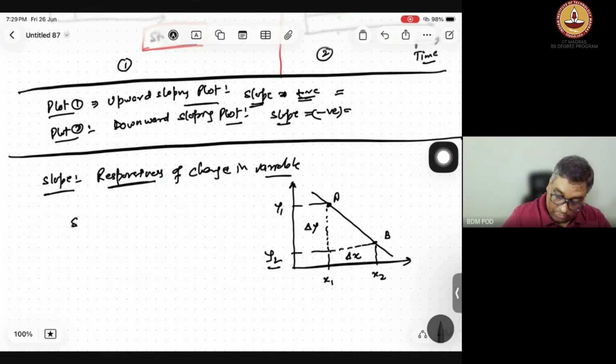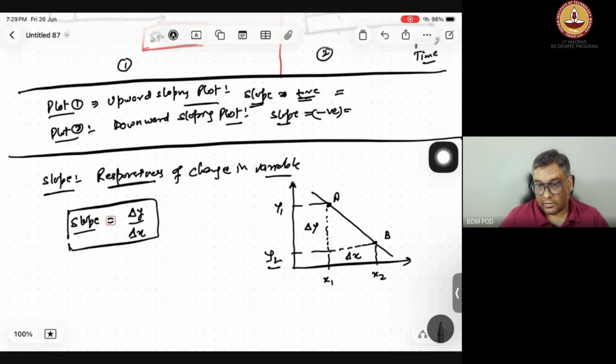So your slope equals change in Y upon change in X. So this is your slope or responsiveness of the variables. Okay, so now the slope is confirmed.